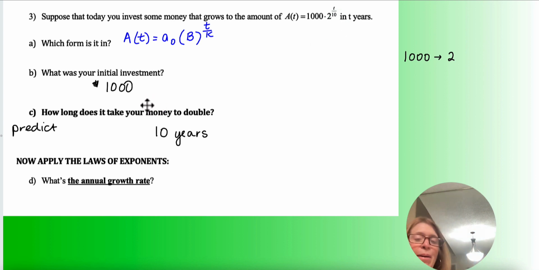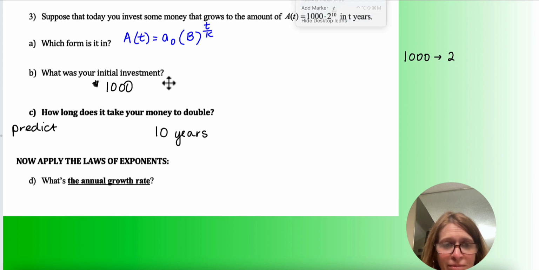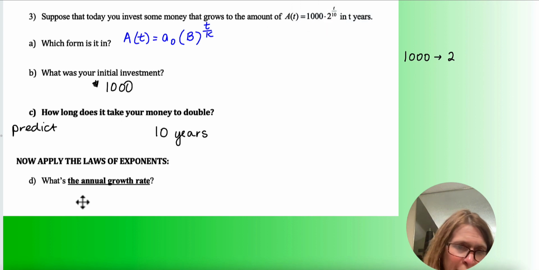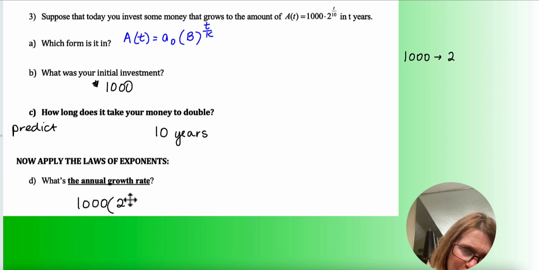All right. But that's not the growth rate. The growth rate is an annual rate or percentage that something is growing. Well, first we would take 1,000, take our formula, and we want to get it in an equation that has the r in it.